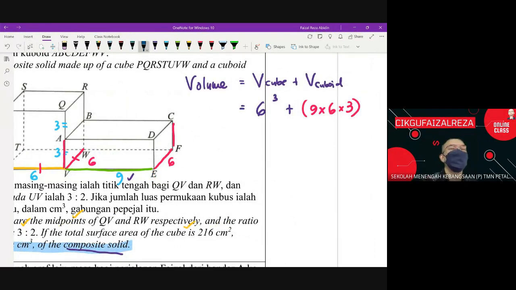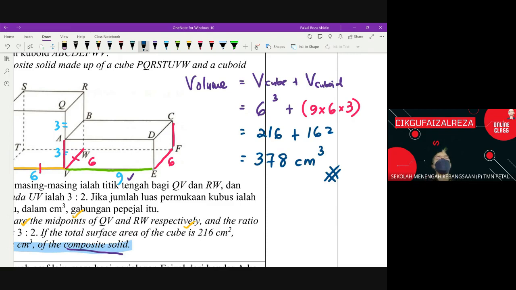So please find for me. 6 cubed is going to be 216 plus 162. So 216 plus 162, you are going to get 378 centimeter cube for our volume of the cuboid and also cube. Can? Easy, right? That easy.